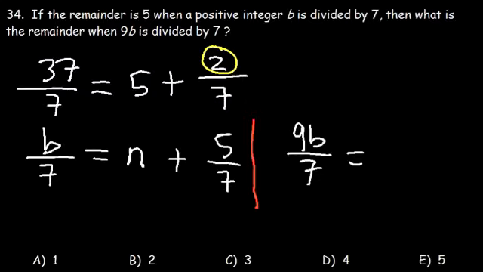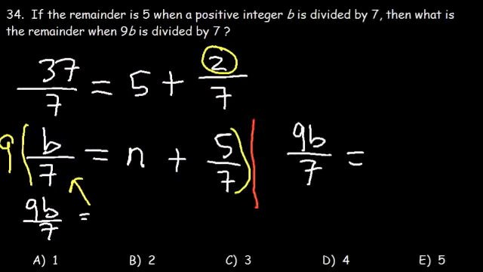So if we compare b over 7 to 9b over 7, basically it's simply 9 times its value. So let's multiply both sides of this equation by 9. On the left, we get 9b over 7, and we multiply everything by 9. So n times 9 is 9n, and 5 times 9 is 45 over 7.